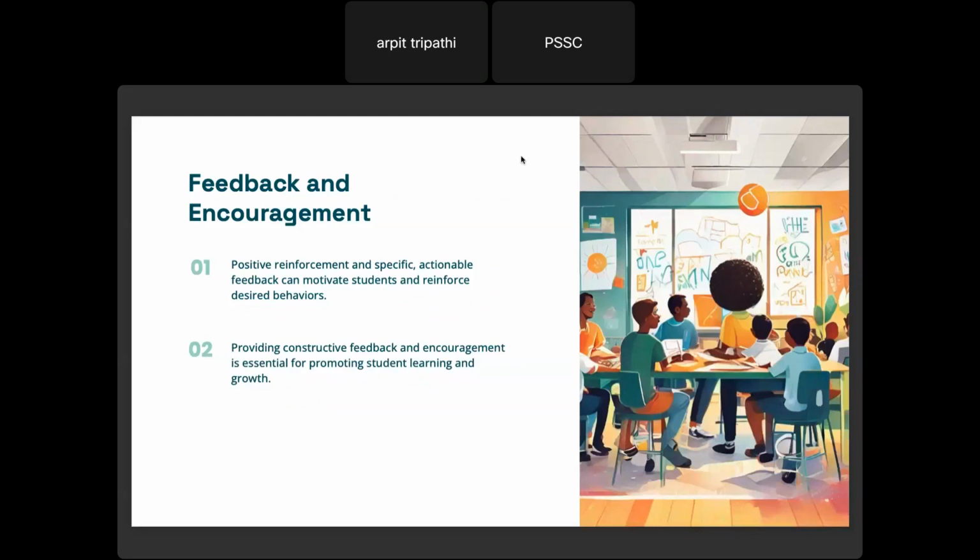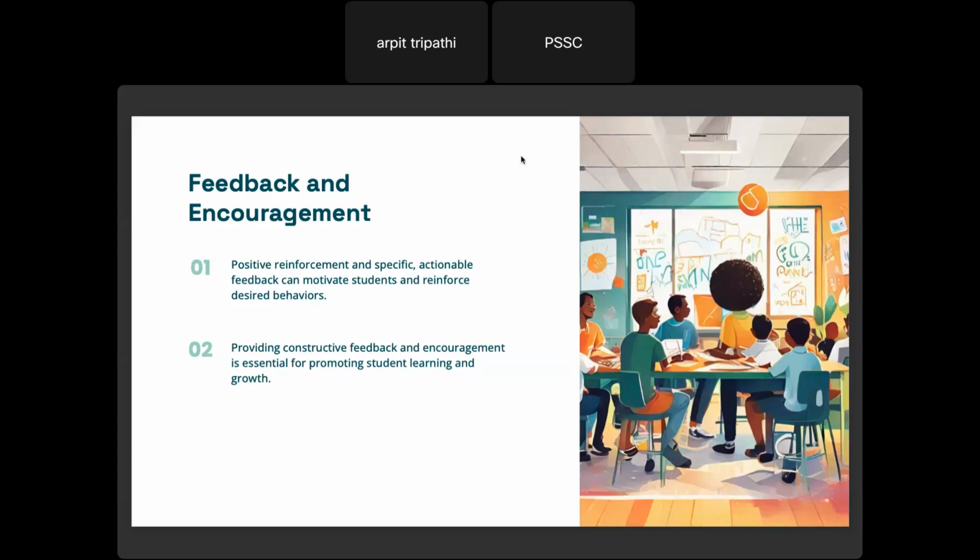So, positive reinforcement and specific actionable feedback can motivate students and reinforce desired behavior.